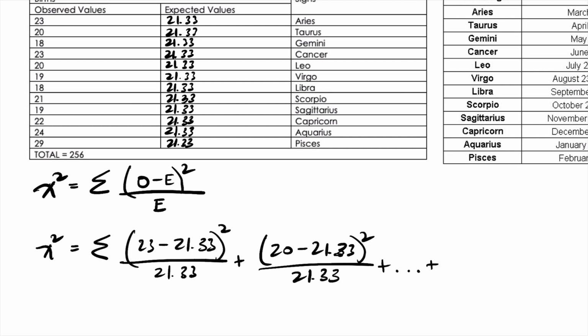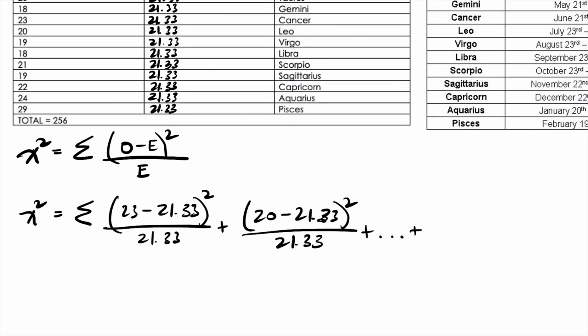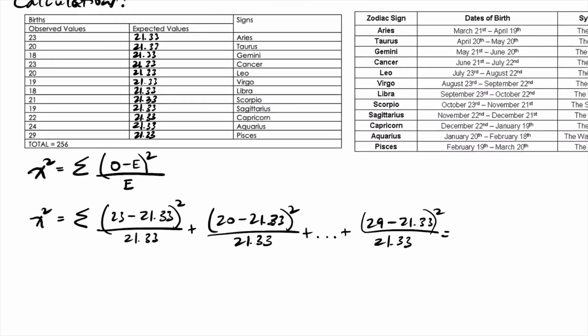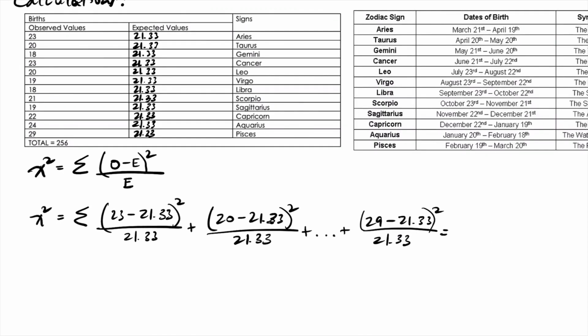Plus dot, dot, dot, and then the last one, Pisces: 29 minus 21.33 squared over 21.33. That's all the work we need to show. The rest we're going to use the calculator for. We'll calculate our chi-square statistic for all of them and add them up. So let's go to the calculator.